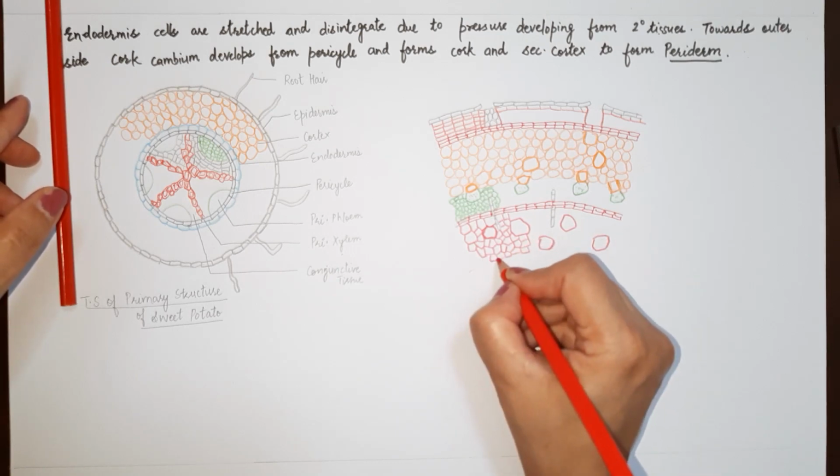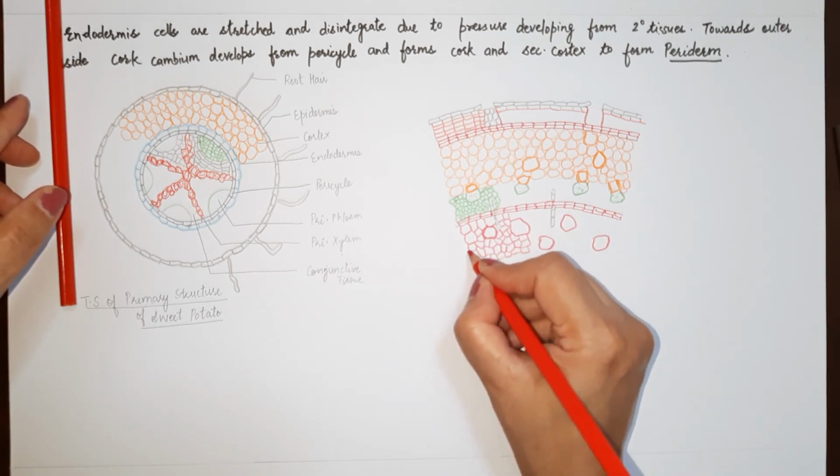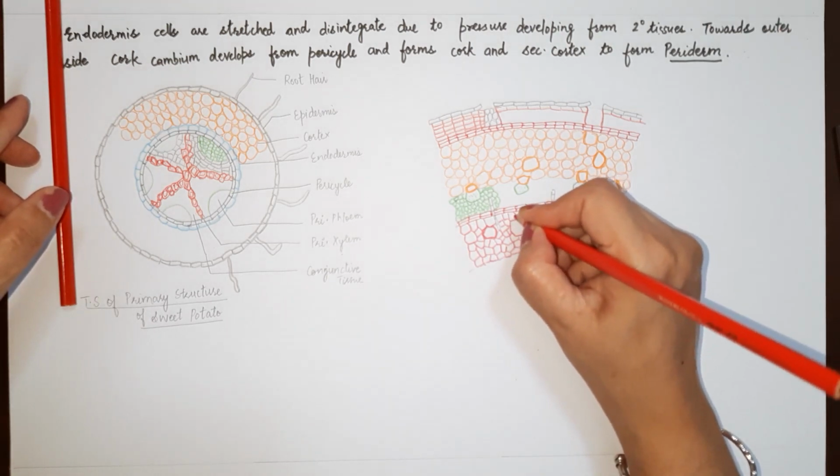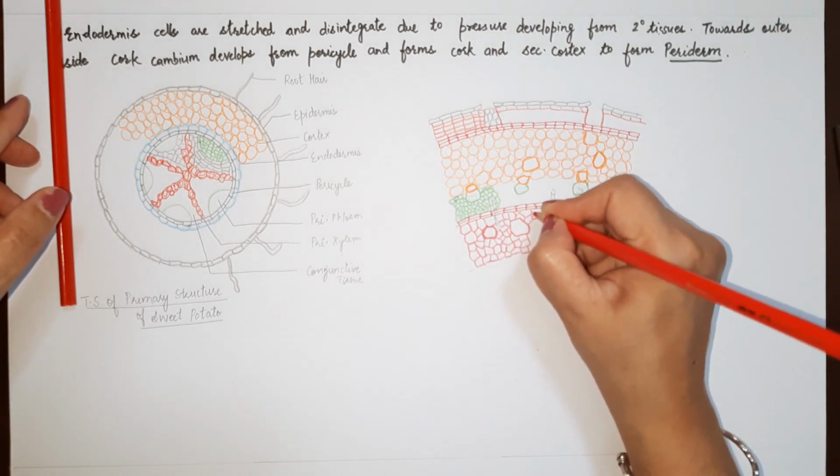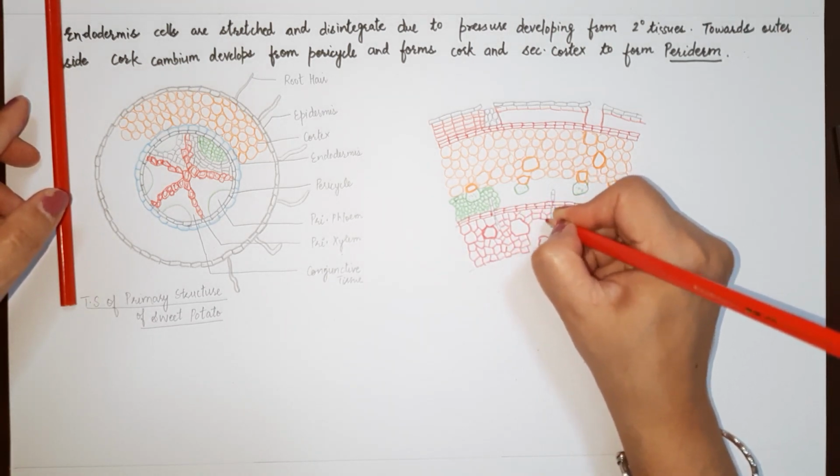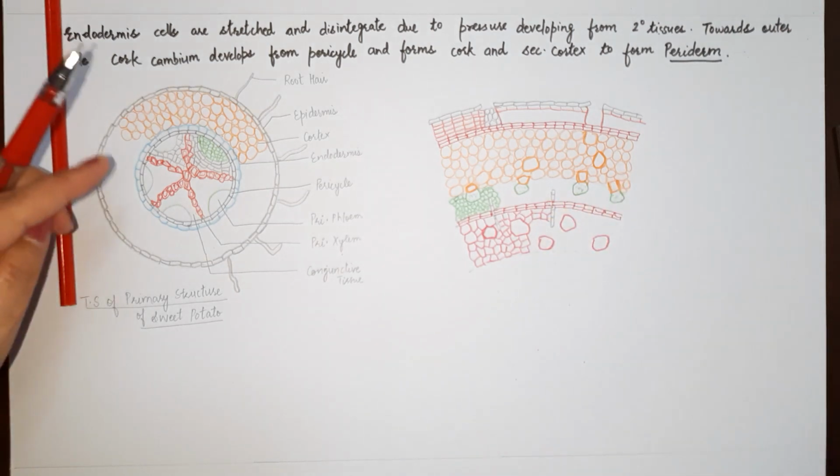In this way you will complete secondary xylem and make all the cells double walled.